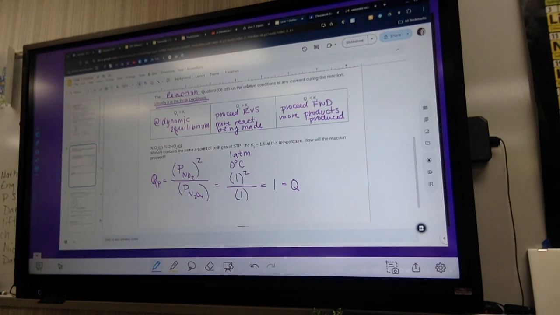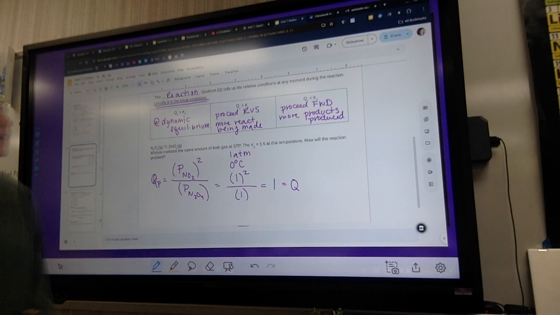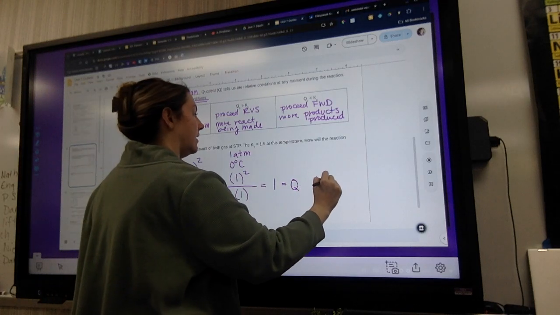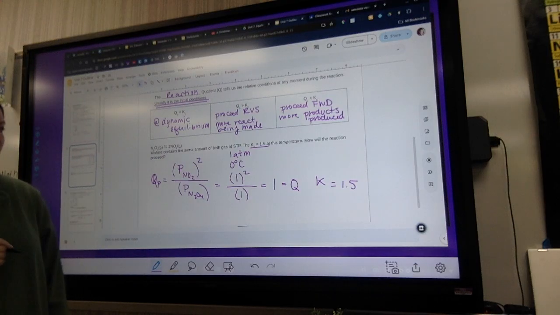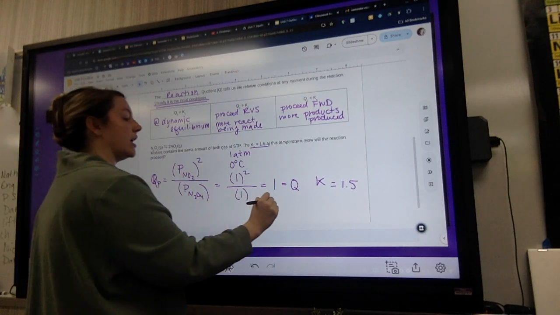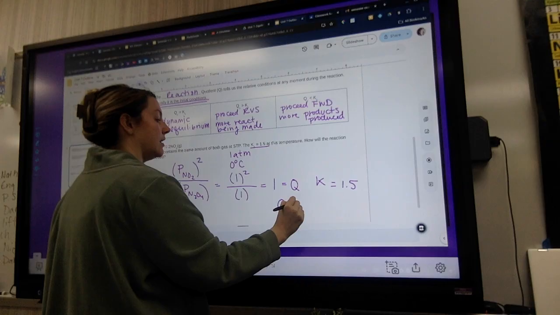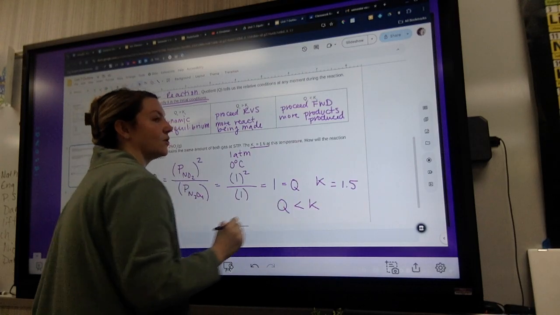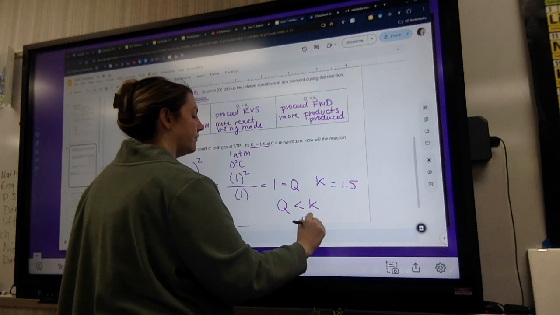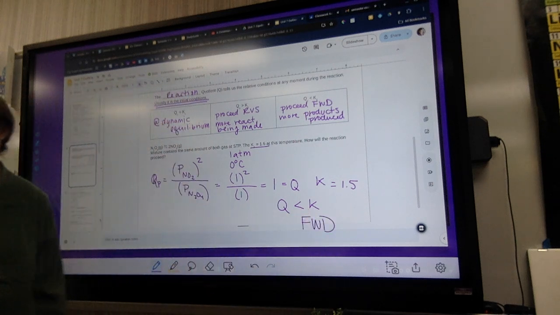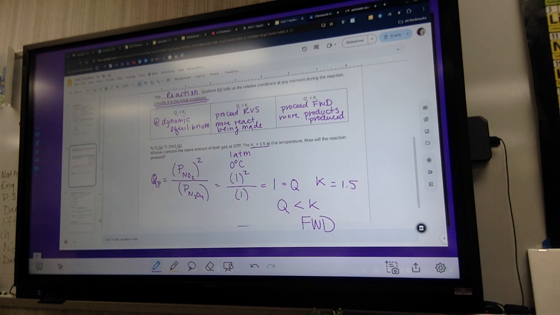Okay, so our Q is 1. Our K is 1.5 from the problem. So Q is less than K, so it has to catch up, so it's going to go forward. It's got to catch up, so it's got to go forward.